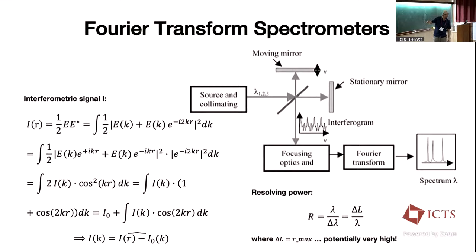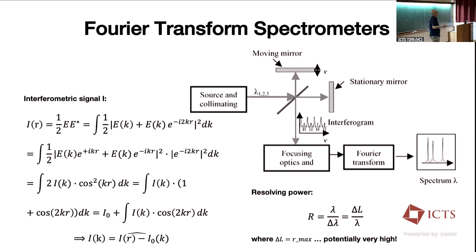You can compute that, and you end up with an interferogram, which on average is I0, the integrated intensity of the source, plus a component that oscillates as a function of the wave number, or the wavelength, if you prefer. And the shape of this, I of R, this interferogram, is an integral or a sum of cosines.